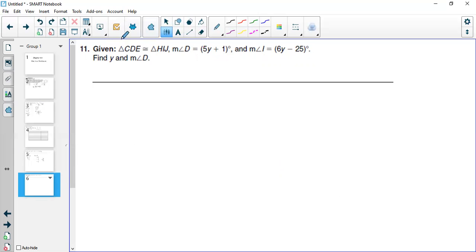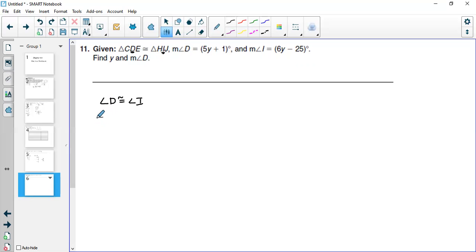Given now this question 11, CDE is congruent to HIJ, angle D is equal to 5y plus 1 and angle I is equal to 6y minus 25. Find y and angle D. So we need to find the value of y. From the question itself, they have told us that angle D is congruent to angle I. From the order, you can find that out.